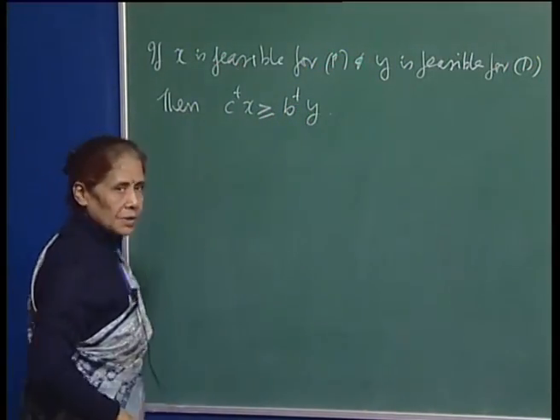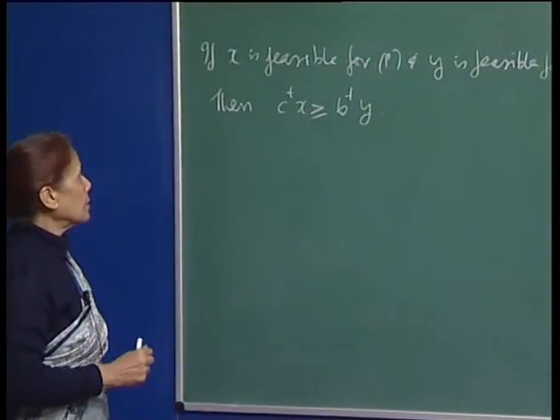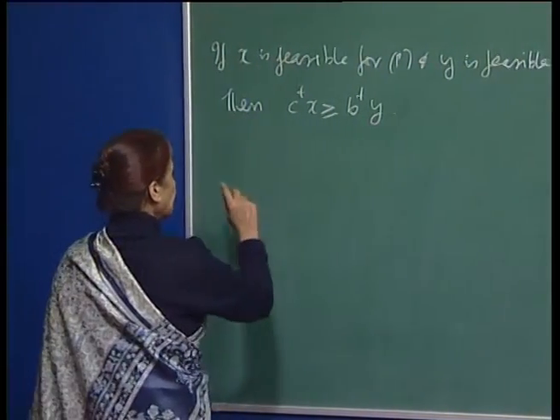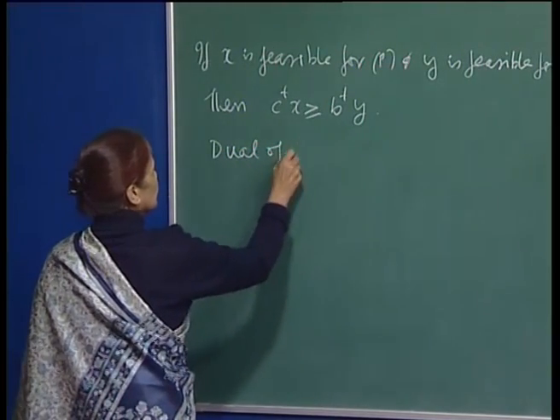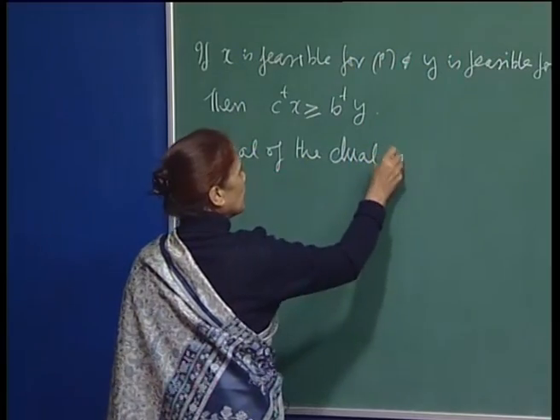That is, the objective function value for the primal problem is greater than or equal to the objective function value for the dual problem. After this, I proved that the dual of the dual is the primal.